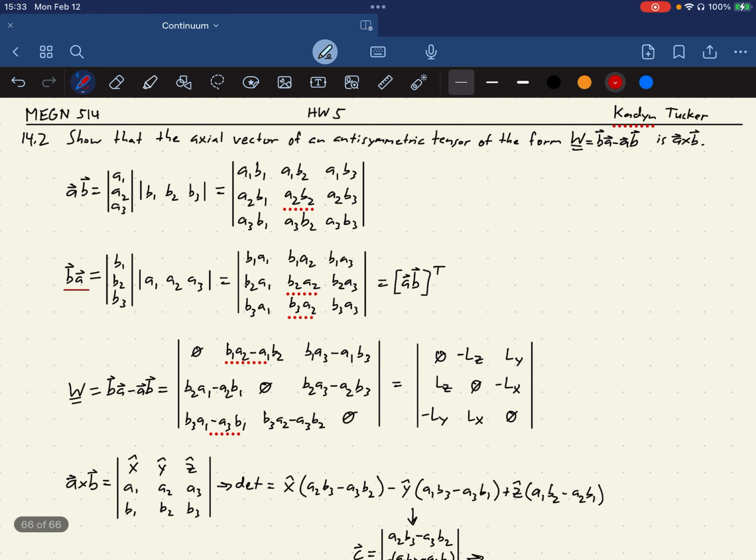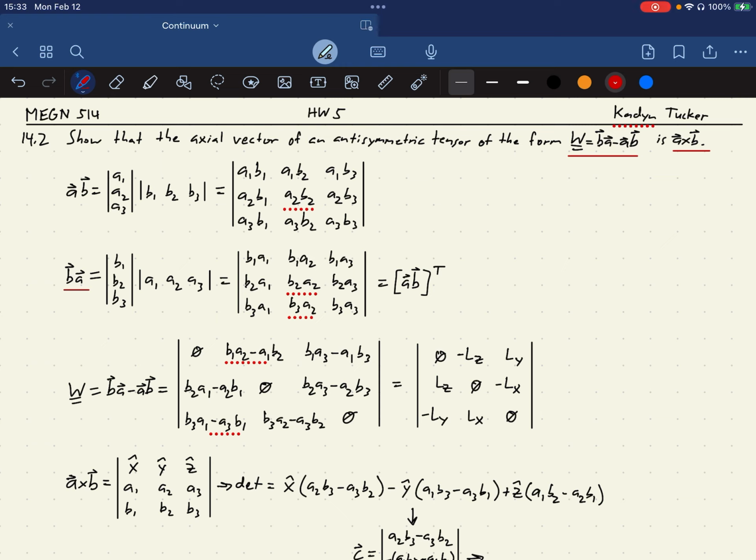Moving on to problem 14.2, we're asked to show that the axial vector of an anti-symmetric tensor of this form is equal to the cross product here. So we know from our past knowledge of matrices, to build a 3x3 matrix out of 2 vectors, we need to multiply a column vector by a row vector.